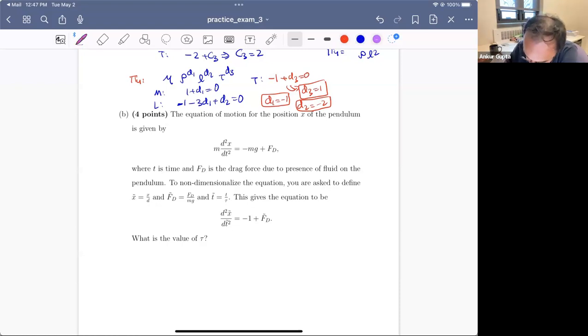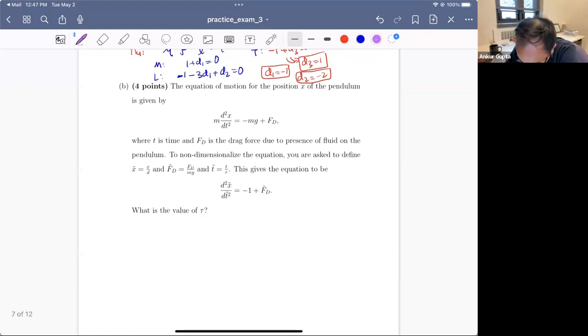The dimensionless groups. If you're not comfortable, I believe we did discuss this. So this will become m d squared x tilde by d tau squared is equal to minus mg plus Fd.